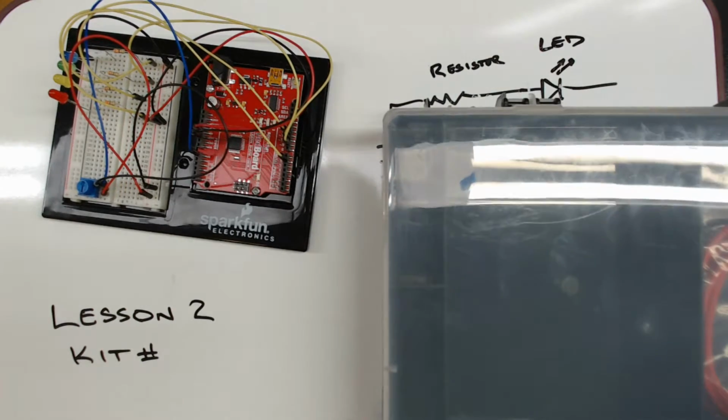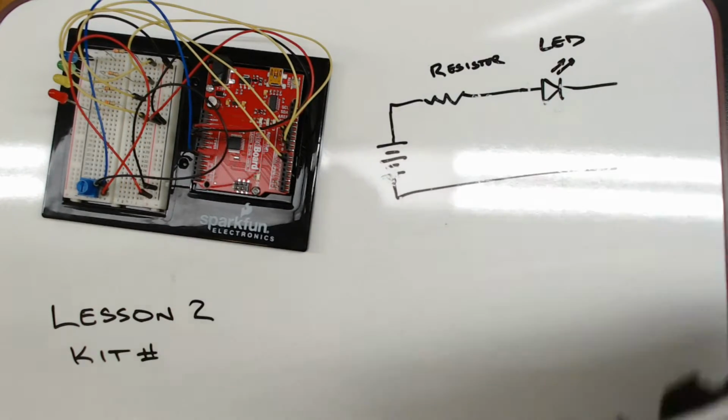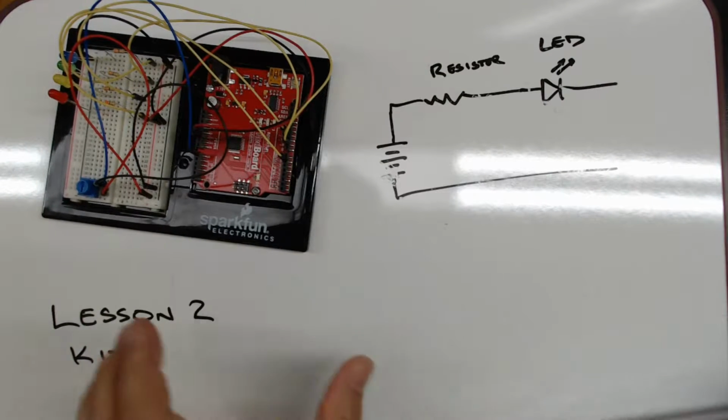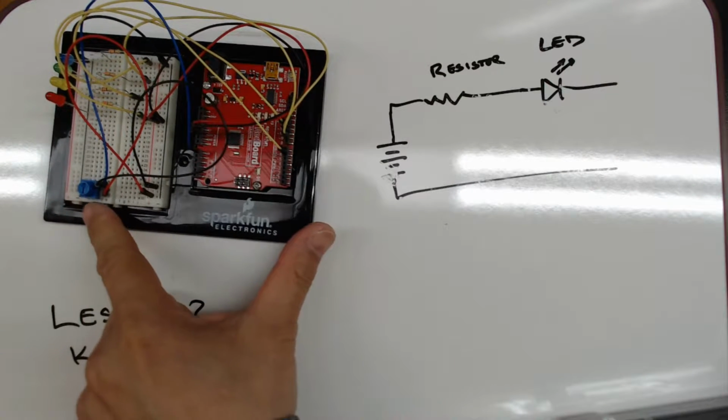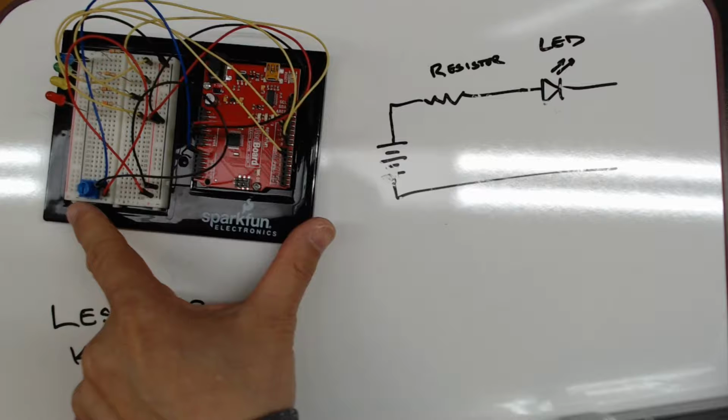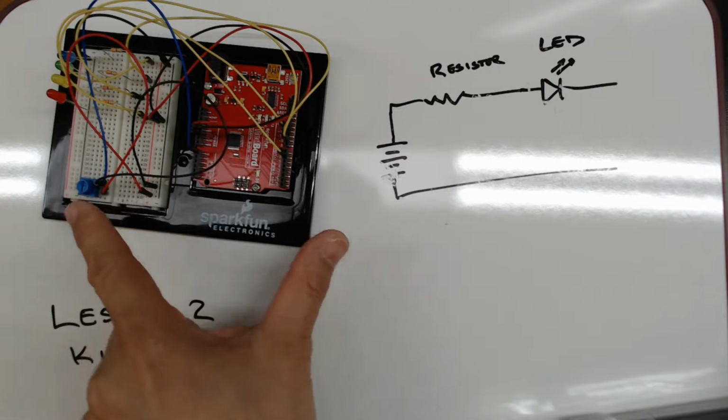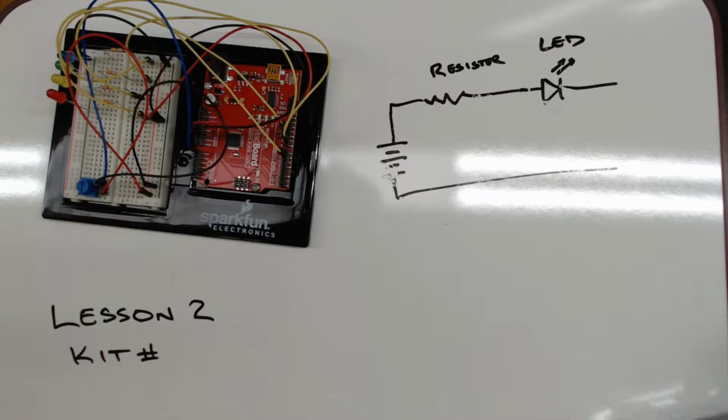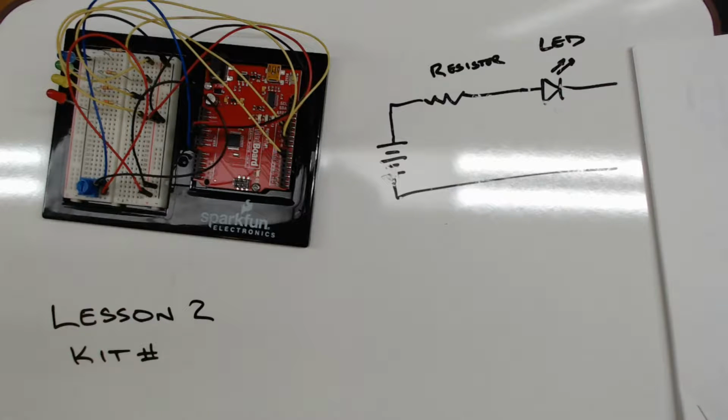We'll have the 4 LEDs wired, and we have a potentiometer, again a variable resistor in there, and that'll have an input signal into our Arduino, which will then in turn control our LEDs. And today we're going to show you how to program that.